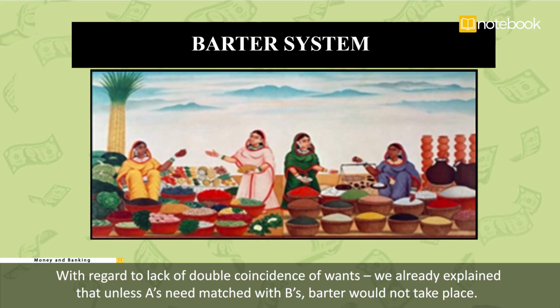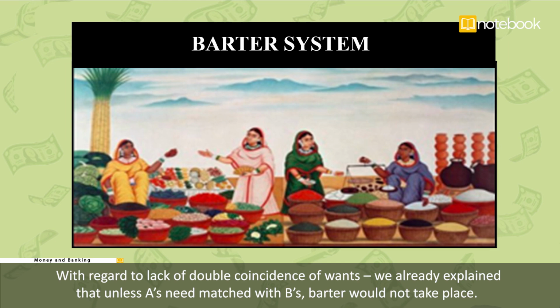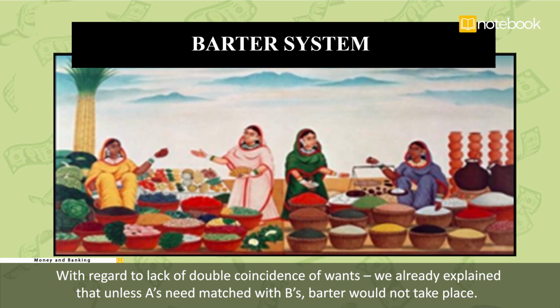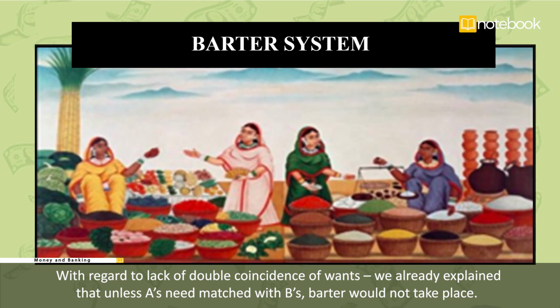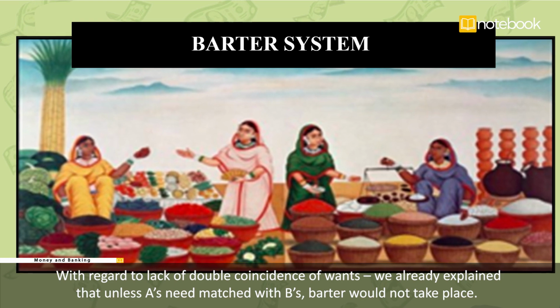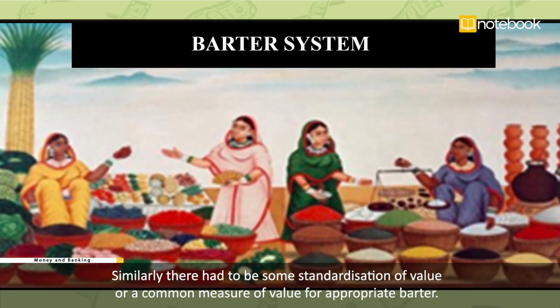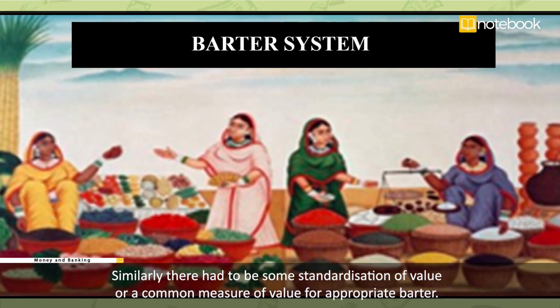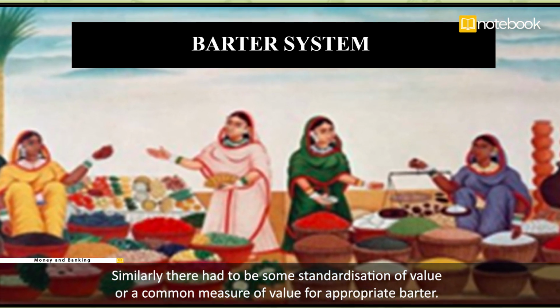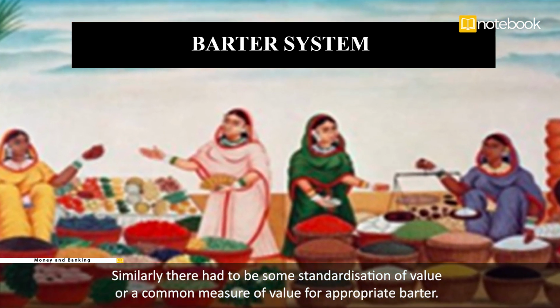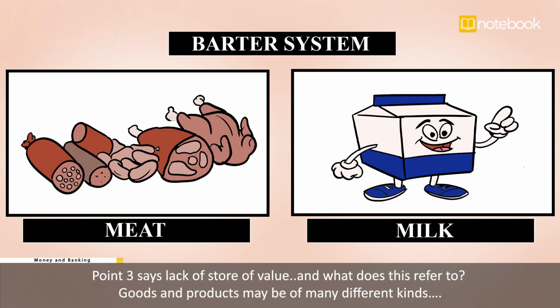With regard to the lack of double coincidence of wants, we already explained that unless A's need matched with B's, barter would not take place. Similarly, there had to be some standardization of value or a common measure of value for appropriate barter. Point 3 says lack of store of value. And what does this refer to? Goods and products may be of many different kinds.